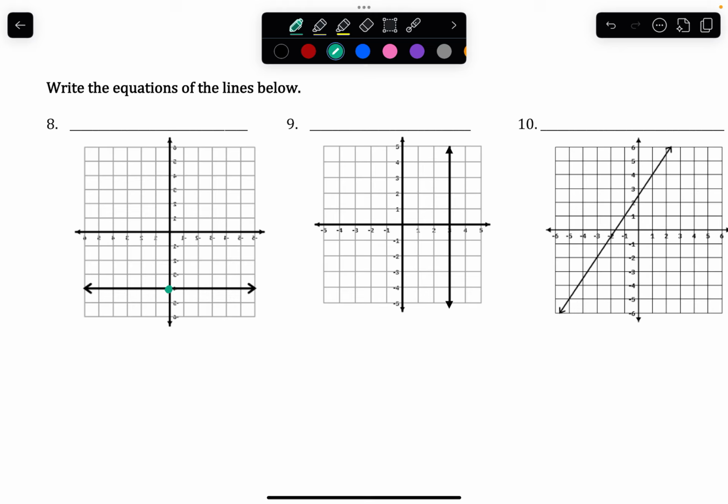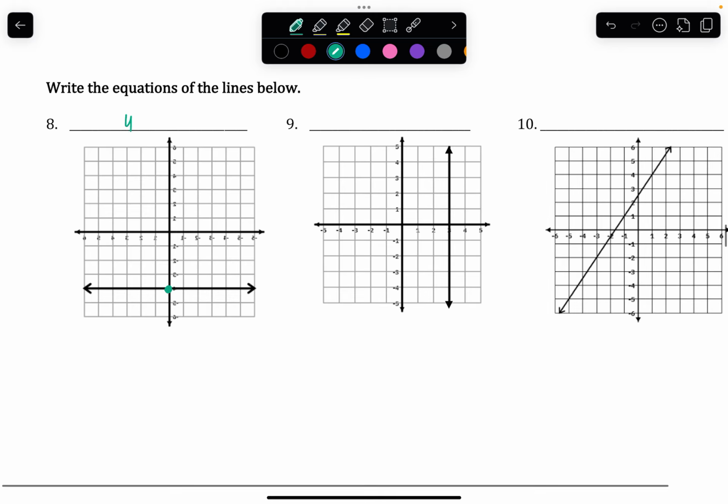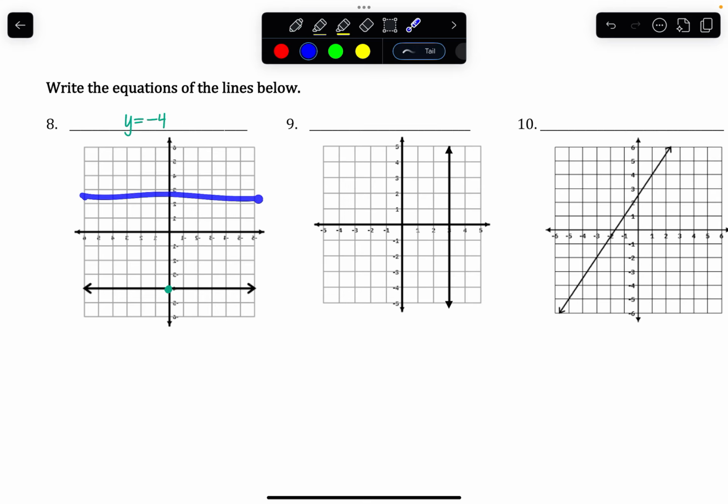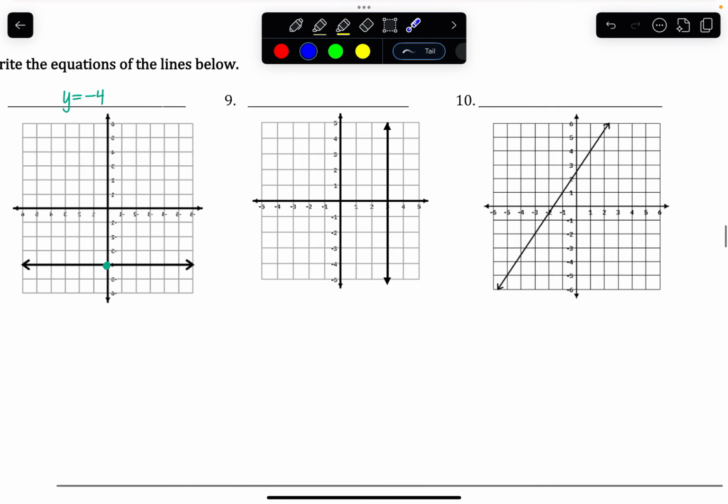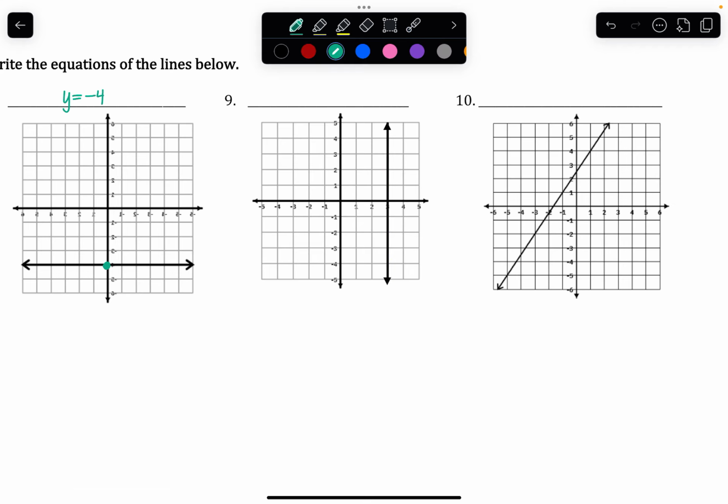This line is crossing at y equals -4, so y equals -4 is our equation. Y equals for a horizontal line, so we have y equals 1, y equals 2, y equals 3. You name the equation based on which axis it crosses. And so this would be x equals 3 because it's crossing the x-axis at 3.